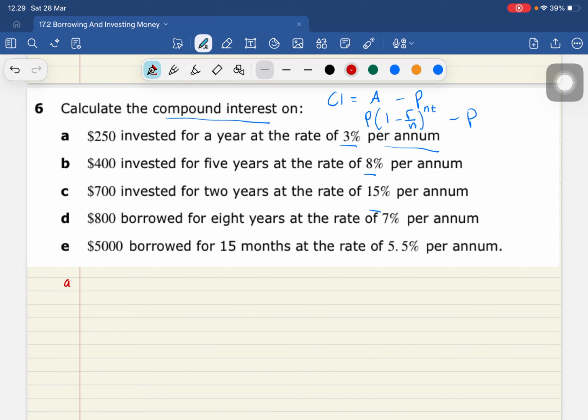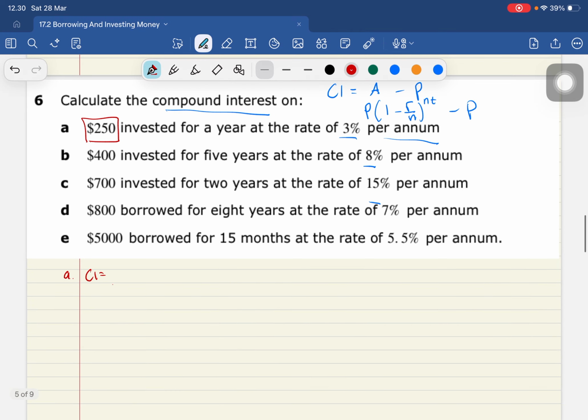So this is A, the compound interest. Here the principal, or the first money, is 250. We multiply it with 1 plus the rate in decimal, which is 0.03, divided by 1 since it is per year, times 1.